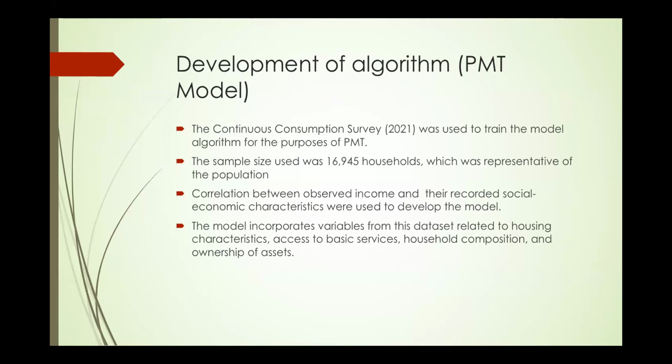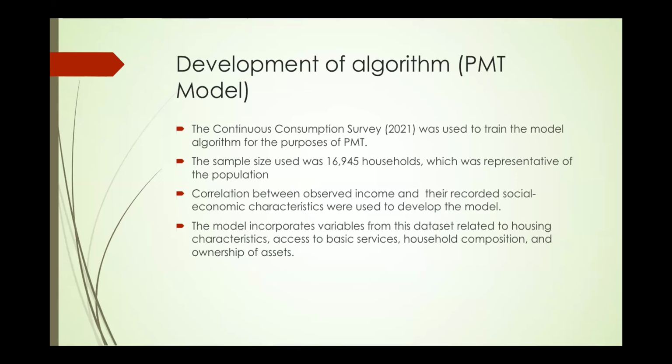Under housing characteristics, we will look at issues like the type of floor, the type of wall material, the kind of dwelling that you are living in, and the fuel that the household is using for cooking and for lighting.